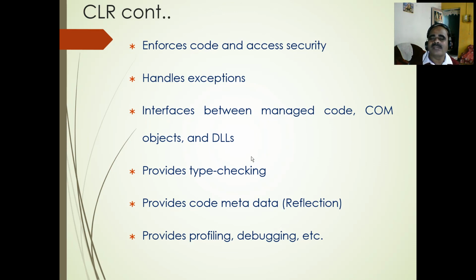Some ready-made code is also there, which is unmanaged code. So the CLR integrates unmanaged code and managed code at execution time, and creates the DLL file, because it will directly interact with your machine language. Try to understand, it is the responsibility of the CLR also.